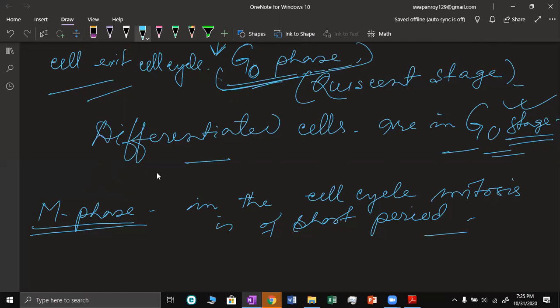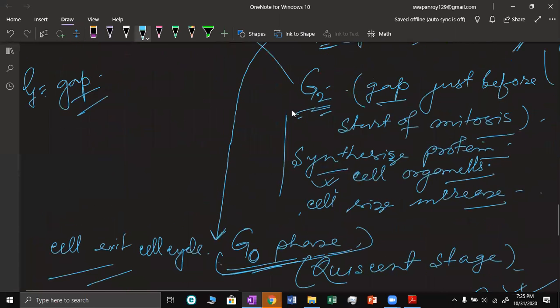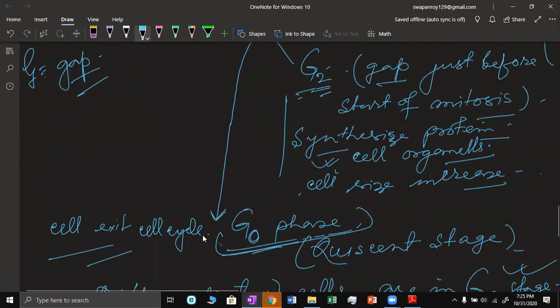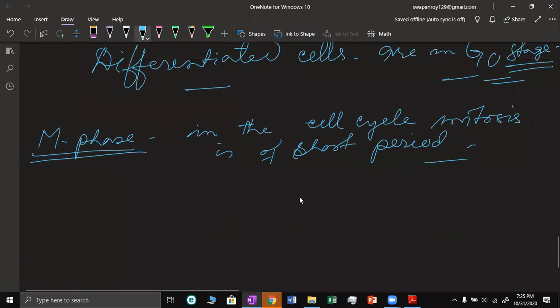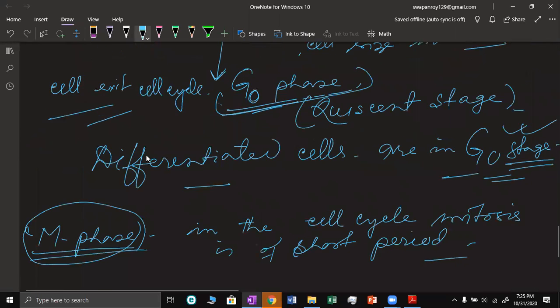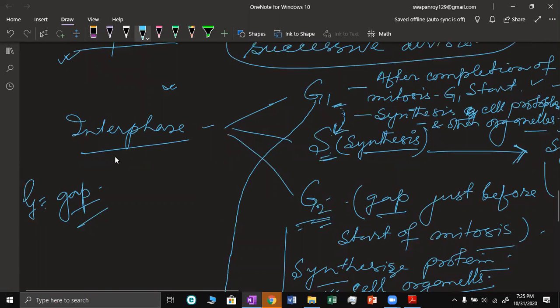Whatever the time it takes for completing a cell cycle, in that the M phase is very short. The interphase takes maximum time.